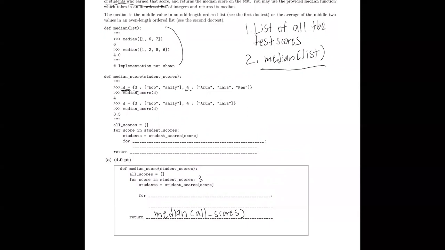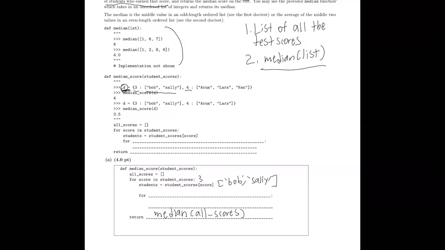So once again, if we assume that student scores in this case is the same dictionary D, and we provide 3 as a score, then we will get back the value of a list, which is this list, Bob and Sally. So for now, students is set to Bob and Sally.